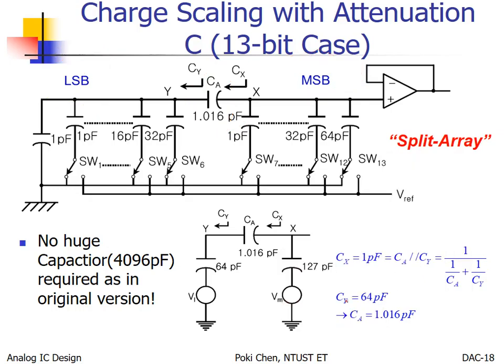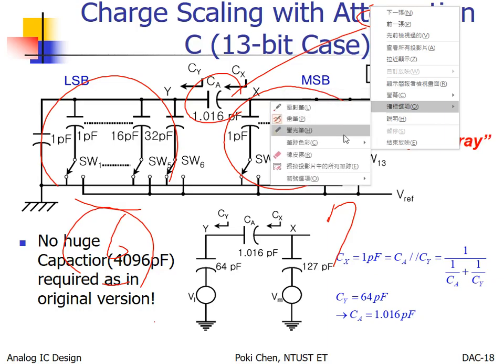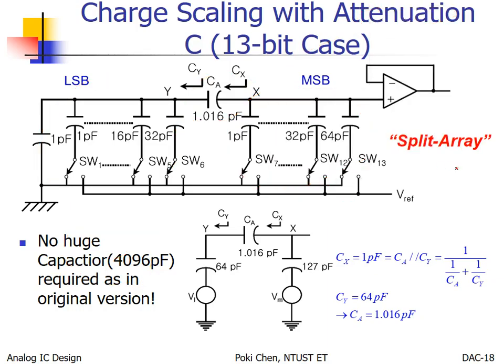See? Right now, we have 7 bits for MSB here, so 6 bits for LSB. But it's not important. The important idea is this one for attenuation. If you look at MSB, you can see from MSB to LSB, from the largest 64, 32, all the way to 1P.